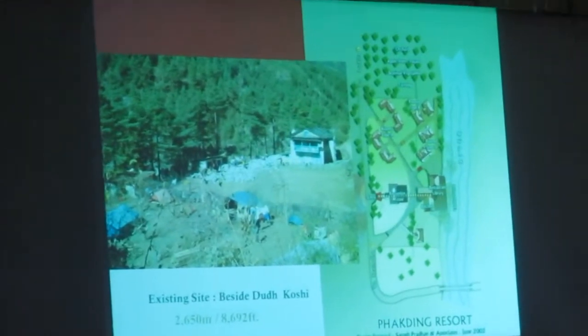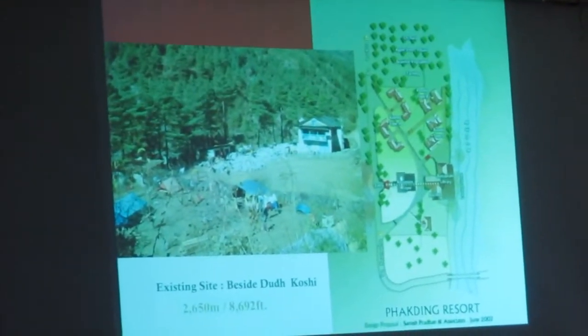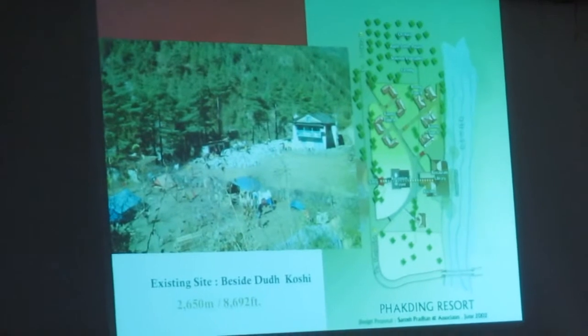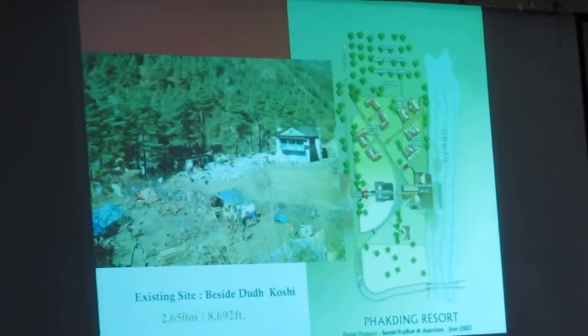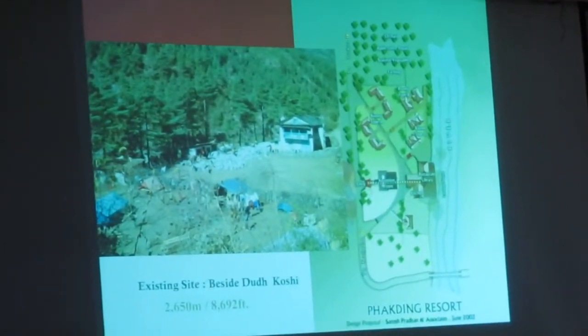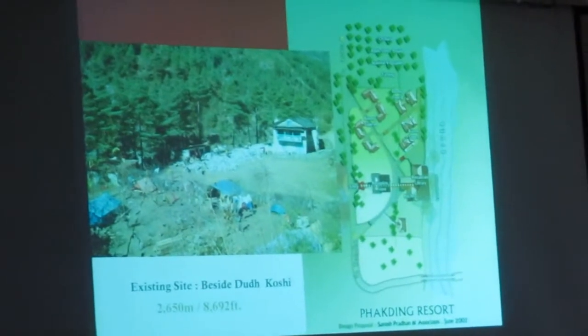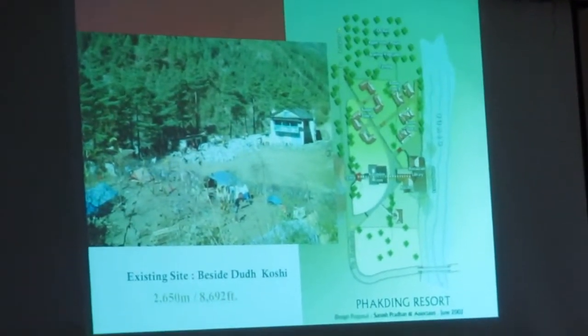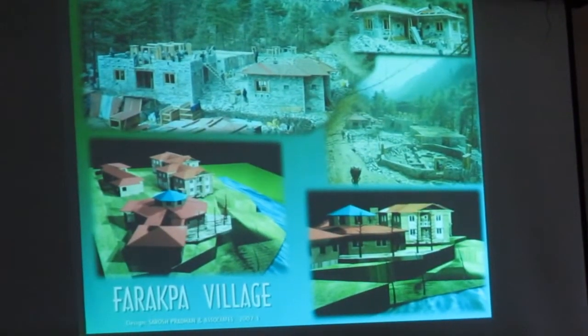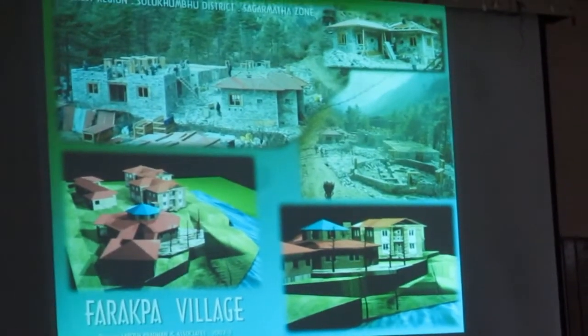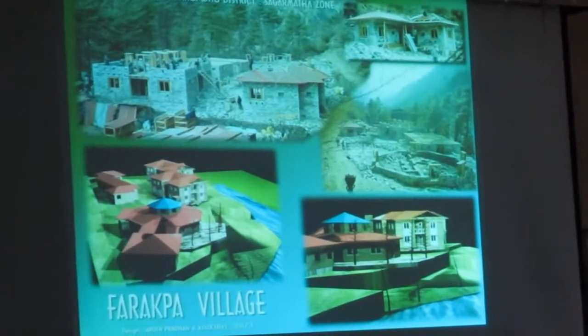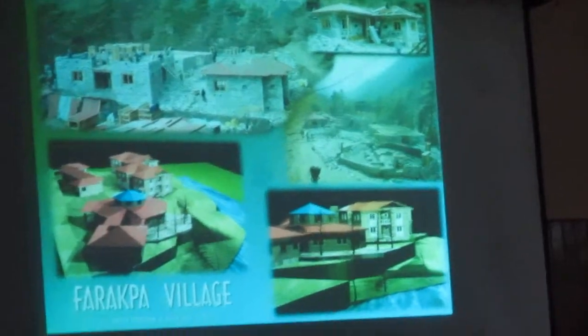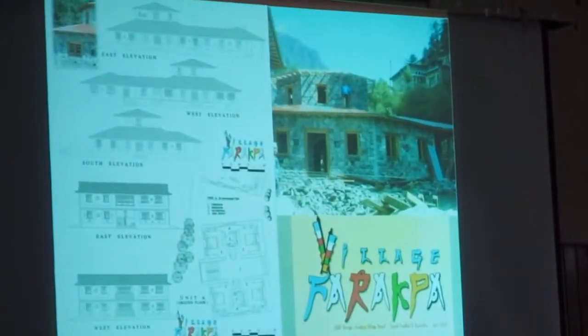So our thought was really to pull this building down, reuse the stone, reuse all the wood, and do a little resort that reflected the place. We had a lot of stone all around, being next to the river, and it was very easy to get stone, and we built this resort all in stone.